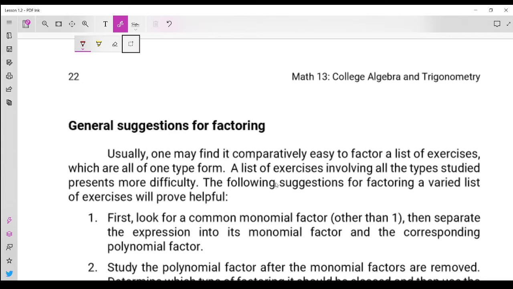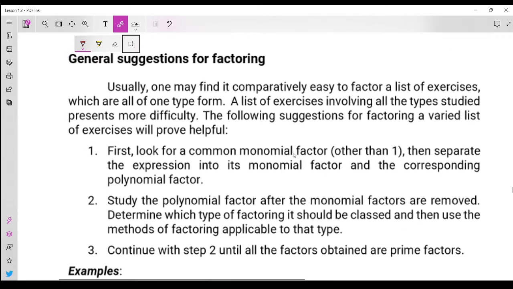For example, if our exercises are not categorized as factoring sum or difference of 2 cubes, factoring difference of 2 squares, factoring GQT, factoring PST, it is hard for us to determine which factoring we're going to apply. Hence we have the following suggestions in factoring a varied list of exercises that have proved to be helpful.